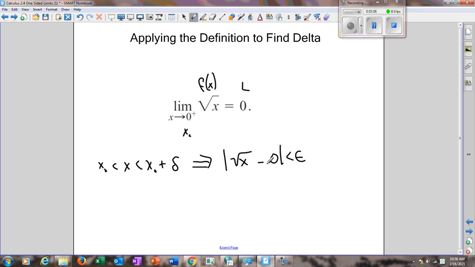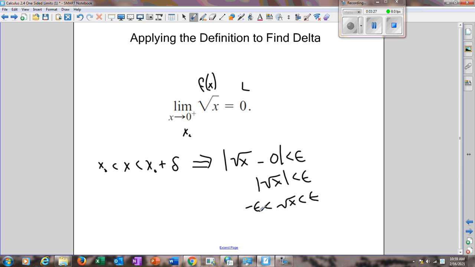So now the first thing that we're going to do is we can simplify what's inside. That's just the absolute value of the square root of x less than epsilon. And I can get rid of my absolute values. When I do that, normally we would have this.